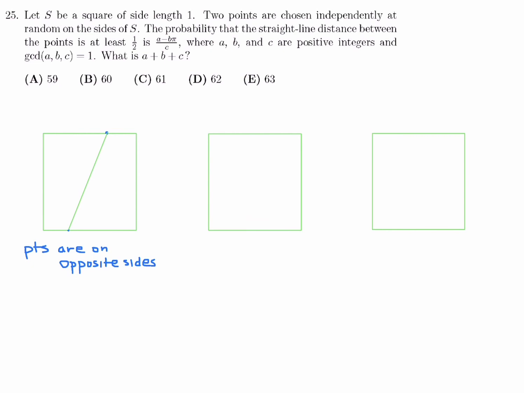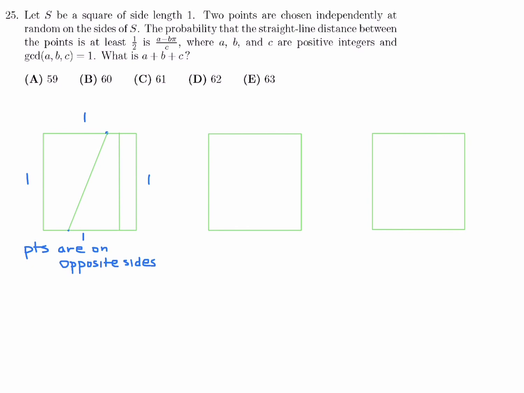It's actually going to be greater than a 1, because this square has side lengths 1 and 1 all the way around. So if I have a point here and a point here, even if I have them completely opposite each other like that, and I draw a line, the minimum distance is going to be 1. And if I draw a line on a slant, it's always going to be greater than 1.